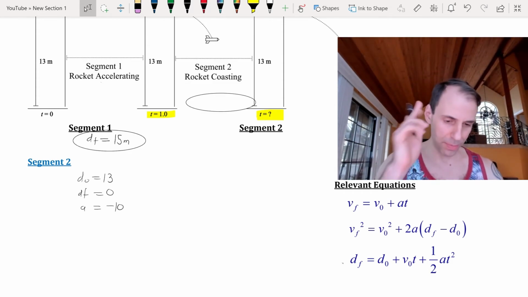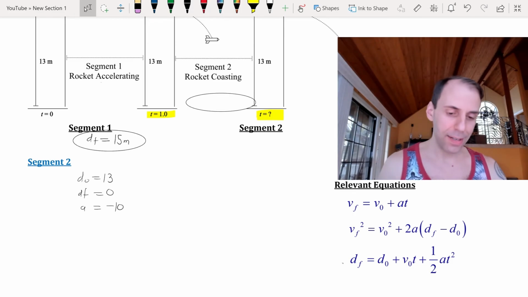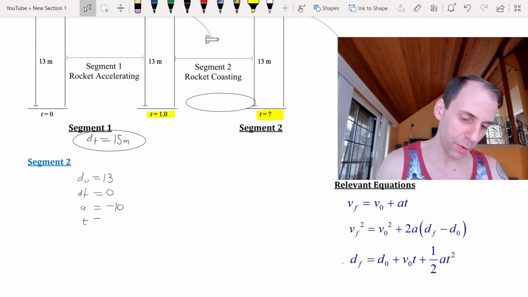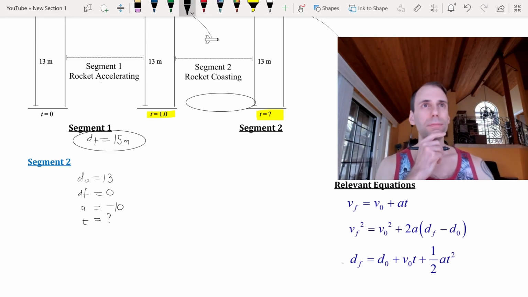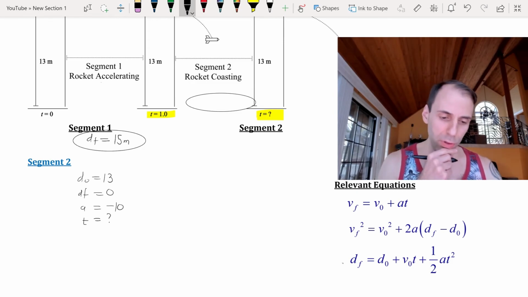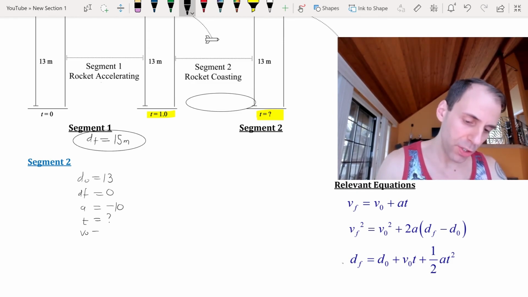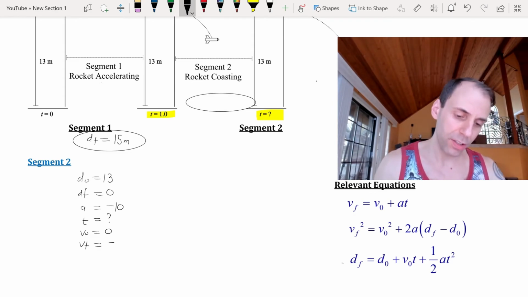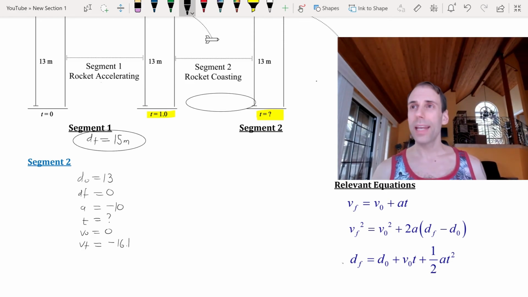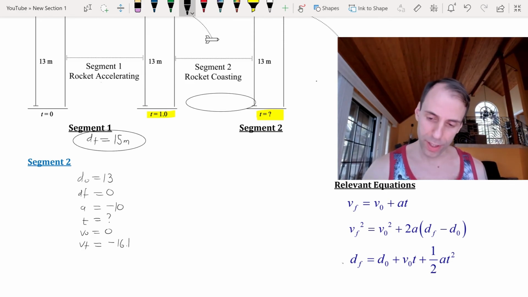Avoiding the units this time just to keep it quicker. Time is what we're solving for. And we know the initial velocity was 0, but we also know the final velocity, which we calculated previously, is -16.1. Now, you have a choice of, again, which of these equations you use.